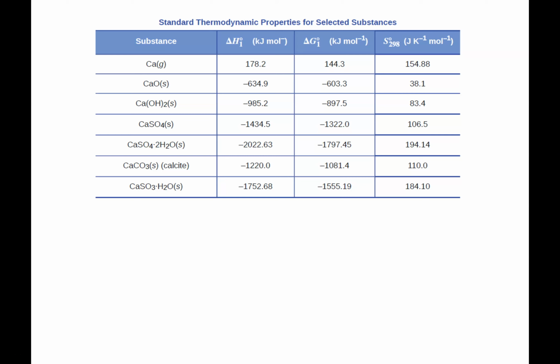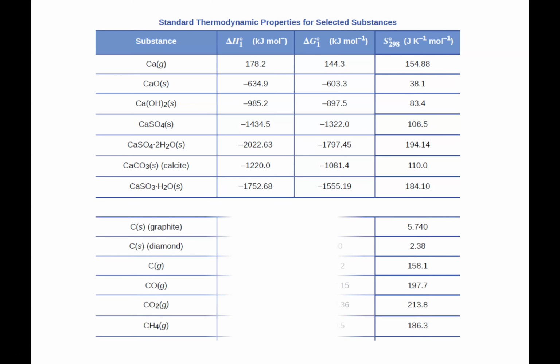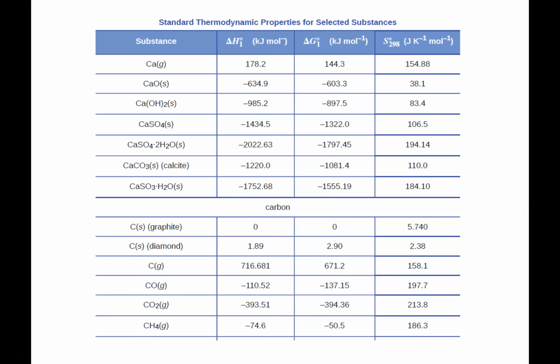So here's calcium, carbon, and notice, why is this 0? Because it's a standard state, exactly. The standard molar enthalpy of formation of an element in its standard state is 0, like if you were to form it from itself.